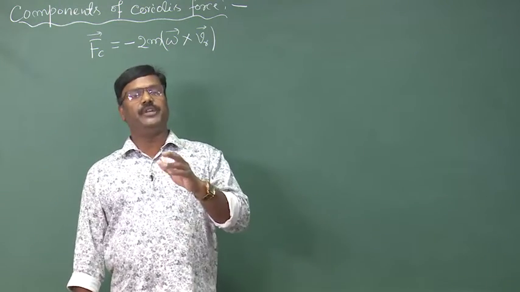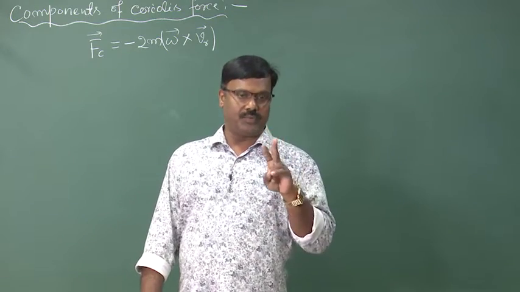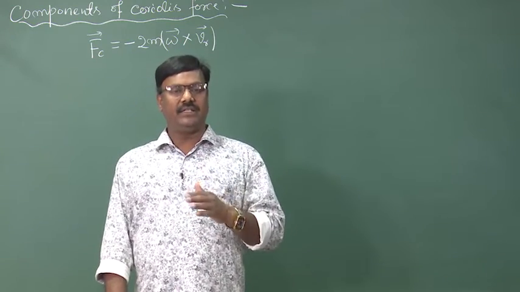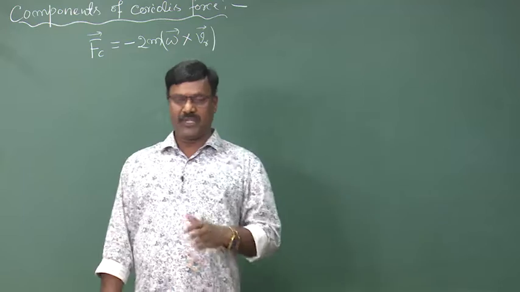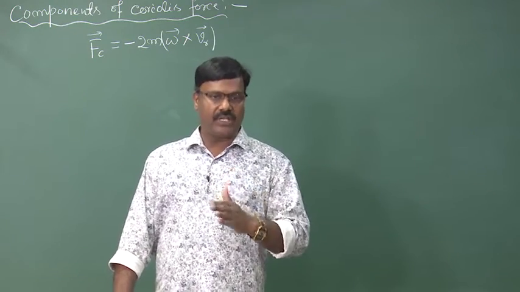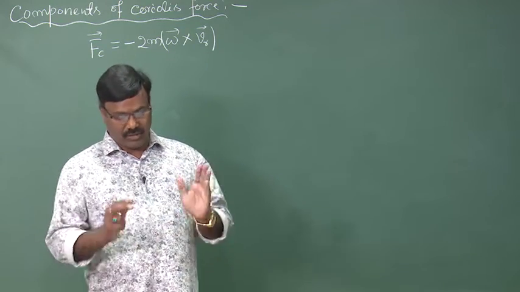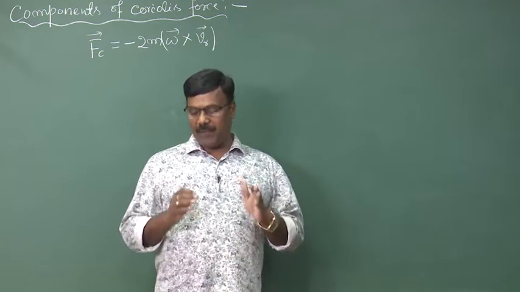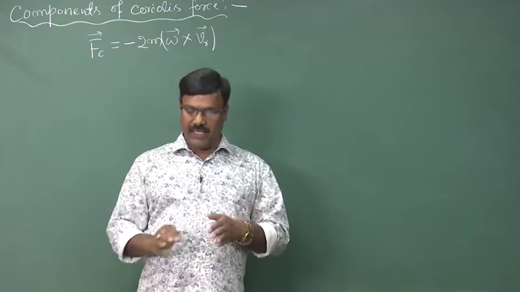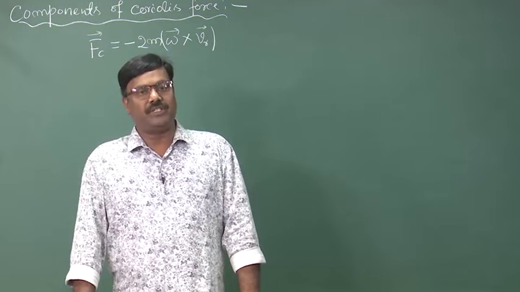And what are the components of Coriolis force? There are two components of Coriolis force which are known as the horizontal component and the vertical component. So, to find the horizontal component and the vertical component of Coriolis force, let us consider a particle of mass m be projected with a velocity v in a horizontal plane at a point P on the surface of earth.